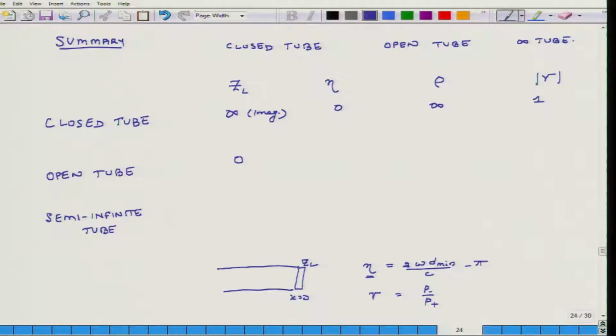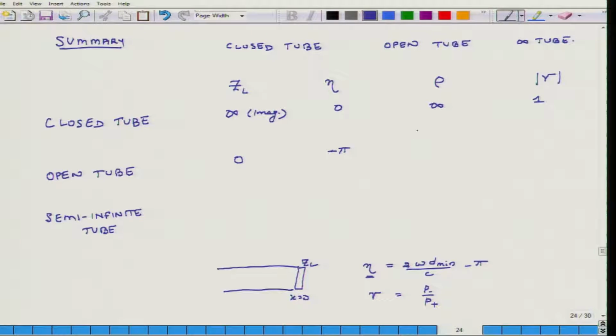So, 0 divided by a non-zero entity is 0. Eta is negative pi, and it is negative pi because the value of d min is 0. When d min is 0, then eta becomes negative pi.